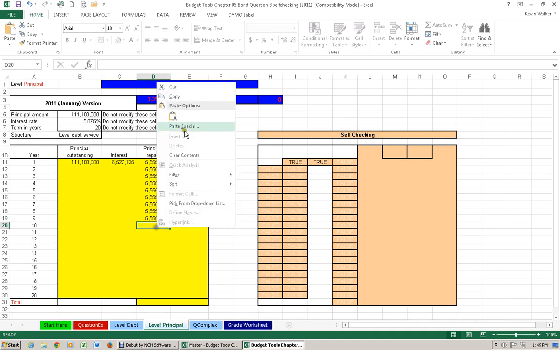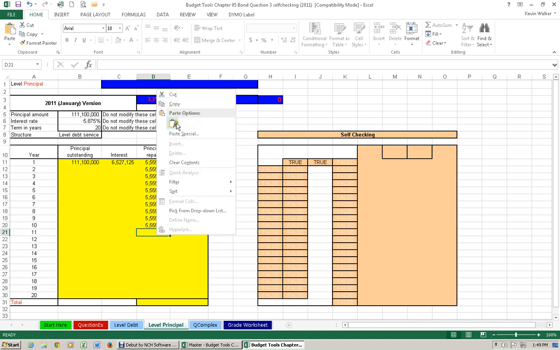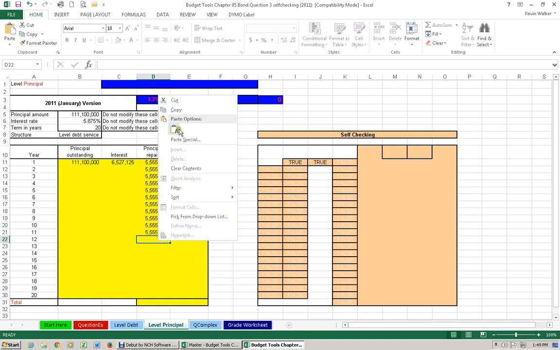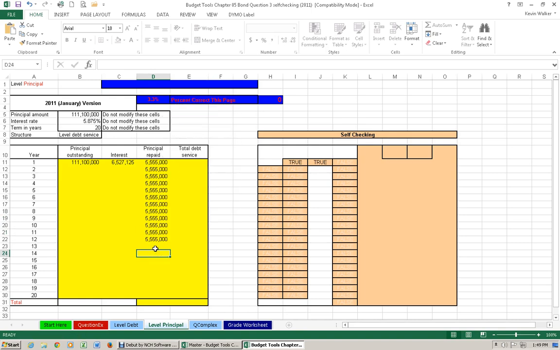So right down the line, we'll just copy, and I'm doing it all the way down so I can demonstrate what you're going to do at the bottom here. Same equal payments, nice and simple.